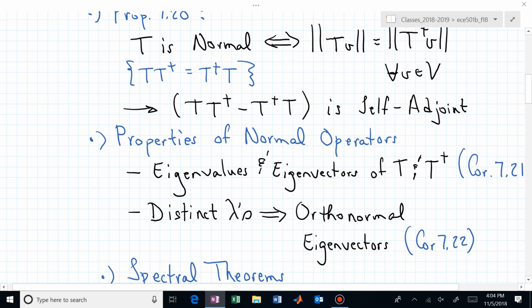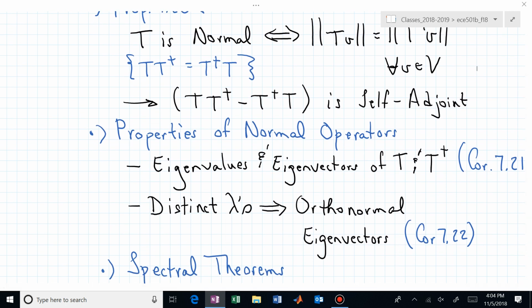All of these specializations of operators or maps are designed to give us a way of thinking about nice operators or maps, ones with lots of zeros when we think of their matrix representation. We've talked about upper triangular, we've talked about diagonal.